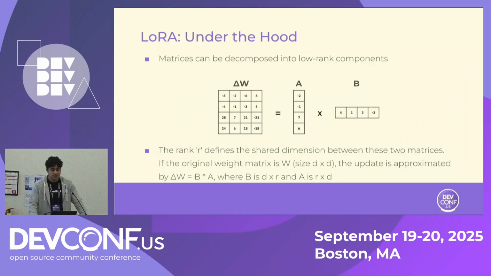This works because, well, matrices can be decomposed very easily into low-rank components. So for example, let's say I have a weight matrix W that's a 4x4 matrix. When we want to update that with full fine-tuning, we'd be adding a 4x4 delta, a change on top of that weight matrix.